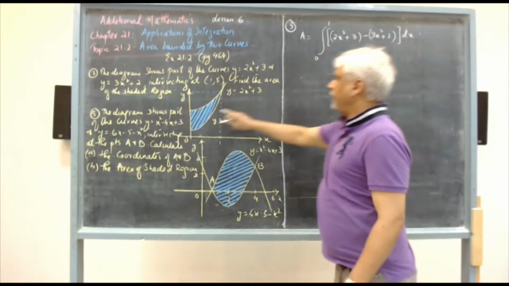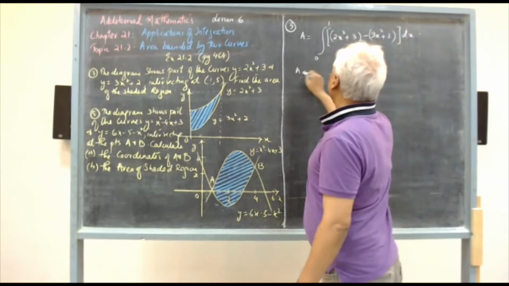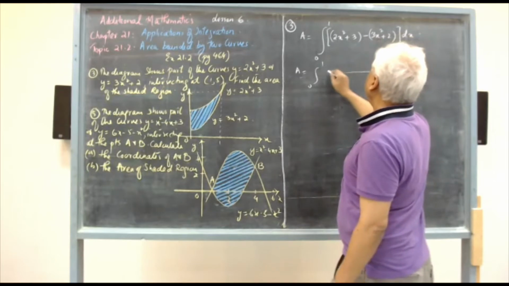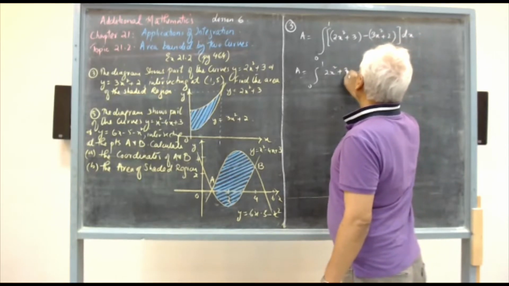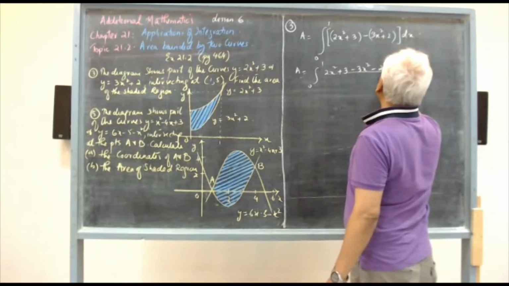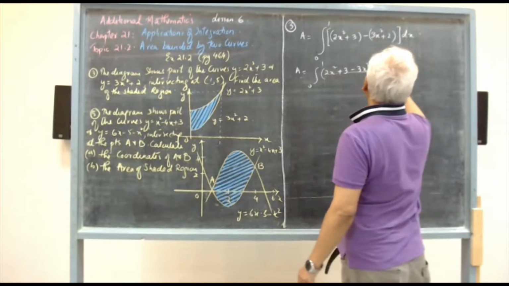So the shaded area is now equal to the integral from 0 to 1. Let's open the bracket: 2x squared plus 3 minus 3x squared minus 2, dx.